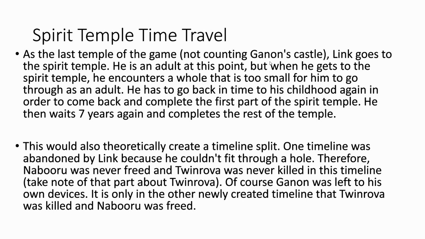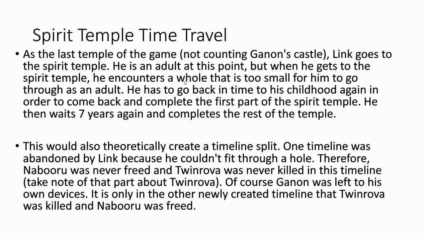But you will soon see that timeline 2 becomes a downfall timeline because of the Spirit Temple. As the last temple of the game, not counting Ganon's castle, Link goes to the Spirit Temple, and he's an adult at this point when he first goes there. But when he gets to the Spirit Temple, he encounters a hole, and it occurs to me that I messed up that word here.